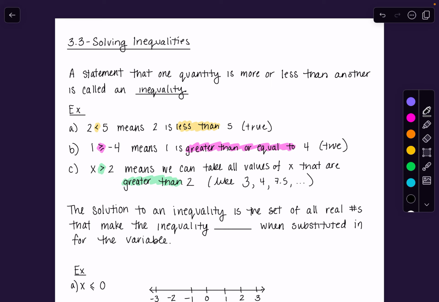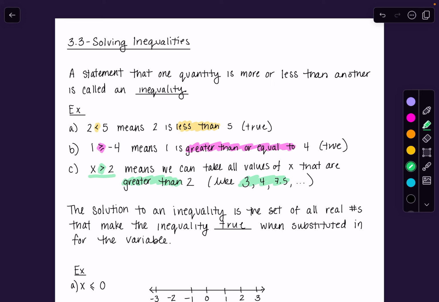You have way too many to possibly list out. So when we're looking for solutions to an inequality, it's going to be the set of all numbers that make the inequality true when substituted back into the variable. So here, all of these numbers, if I substitute them back in, lead me to a true statement.